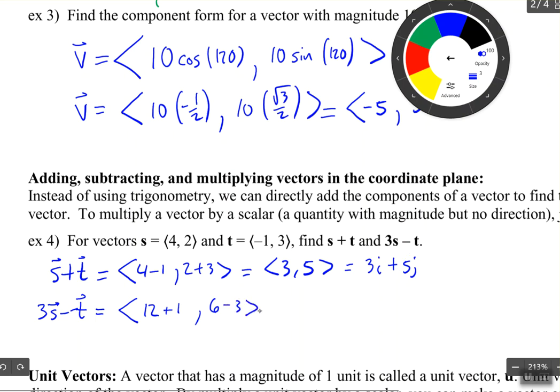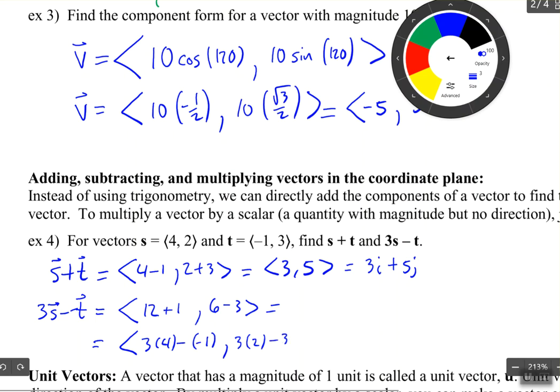Did everybody see what I did? I need to do it slower. Y'all got this? No? Okay, what did I do? Here's what I did. I did 3 times the x of s, and then I subtracted the x for t, and then I did 3 times the y, and then I subtracted the y of t.